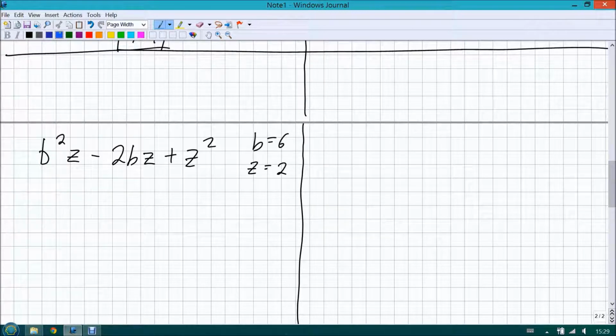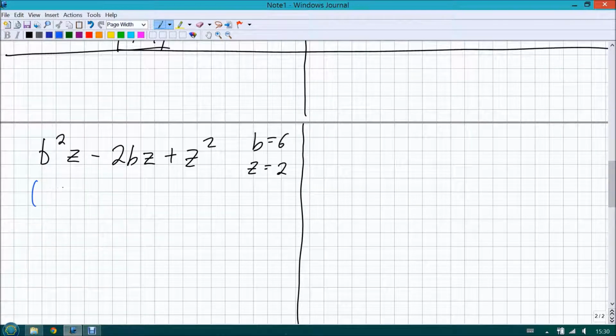Well, if we take a look at the b, this one is being raised to the second power, while this one's only being raised to the first. So they aren't identical. And if they're not identical, they're not like terms. So because the b is raised to a different power, they are unlike terms. We cannot combine them, which means that we have to go straight into the plug and chug portion.